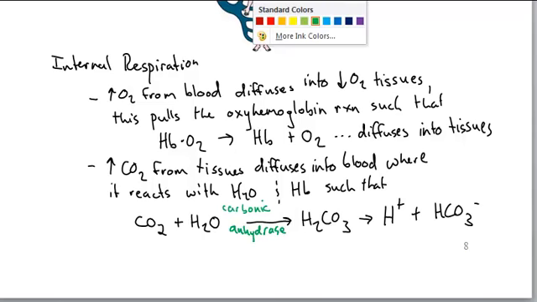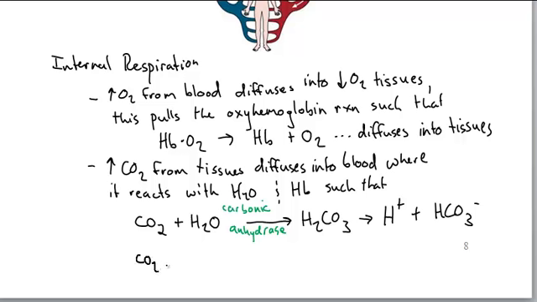And CO2 reacts with the hemoglobin to form carboxyhemoglobin. Plus, this little hydrogen here needs to be taken care of, so we're not changing the pH in our blood and denaturing our enzymes.